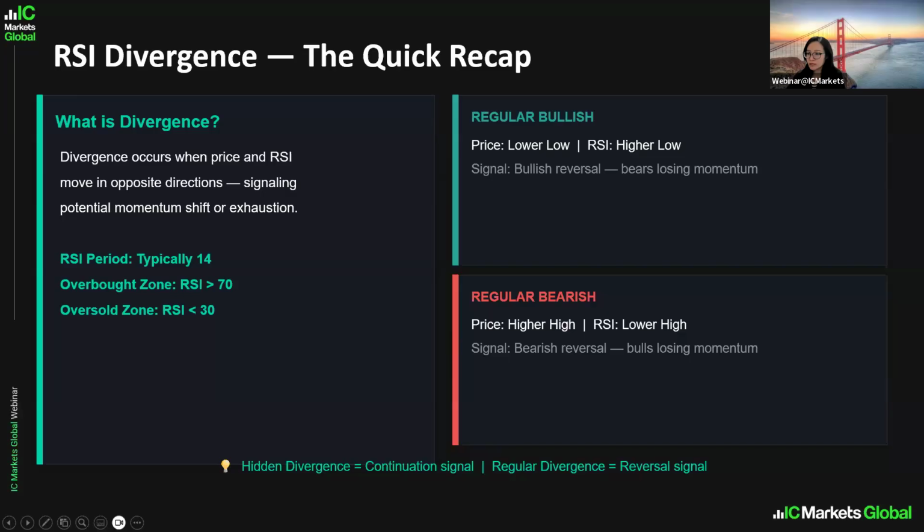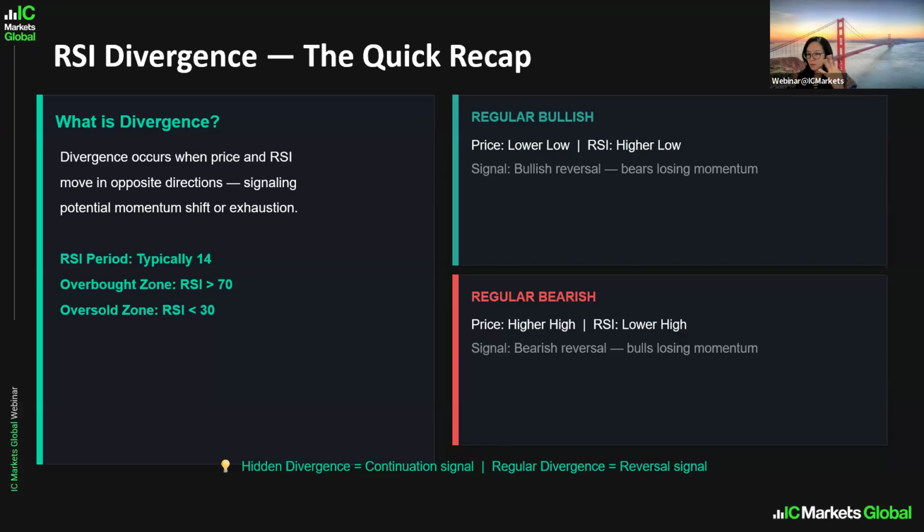So a quick recap. The divergence occurs when price and the RSI move in opposite directions. That is the meaning of divergence. For RSI I'm using the default setting, which is typically 14.